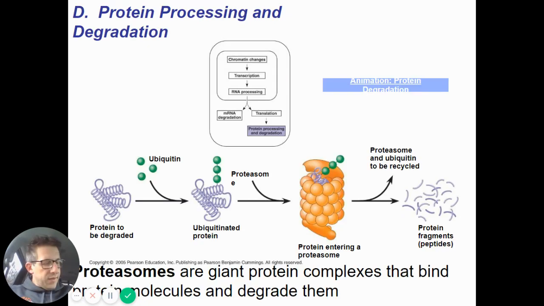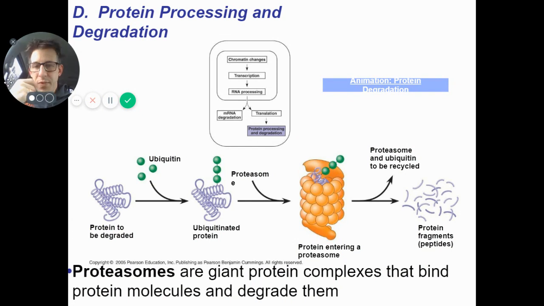All right, and this last one here, as I move this thing up here, is degradation of proteins. Okay, so this is the very final stage of regulation. We've done the mRNA, we've made the protein, we've processed the protein, we've added certain things to it, it's gotten to its certain destination.